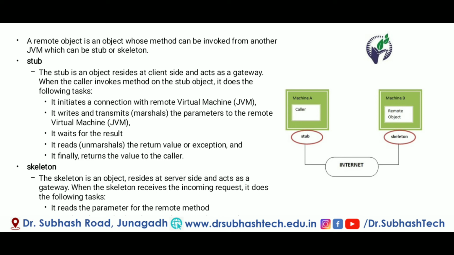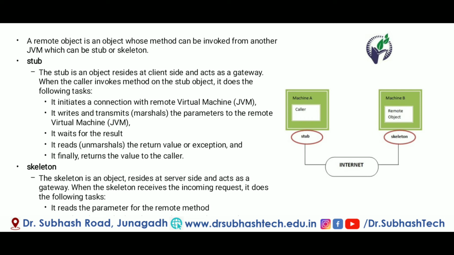So according to those JVMs, you have to pass the parameter and do the marshalling and unmarshalling procedure. These things are performed by the stub and skeleton, and at the end you get the value from the caller, or we can say from the remote object. So all these things are performed by the stub.